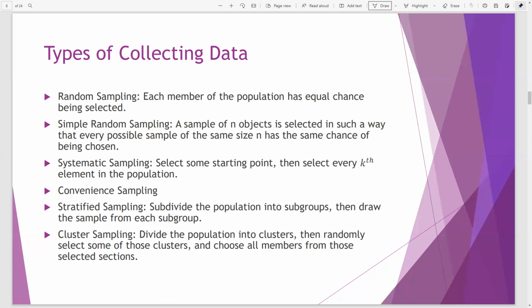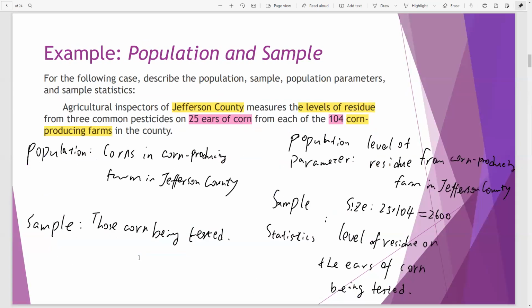Cluster sampling is a little different from stratified, even though it also divides into subgroups. Here we divide the population into clusters, then randomly select some of those clusters and choose all the members from those selected clusters.